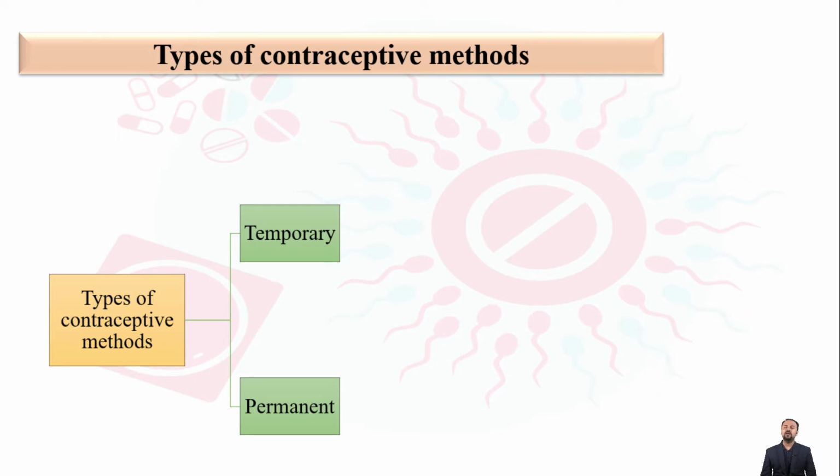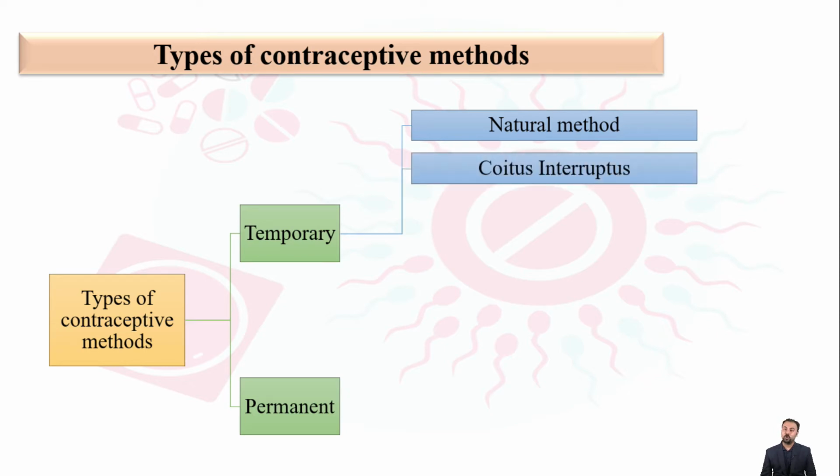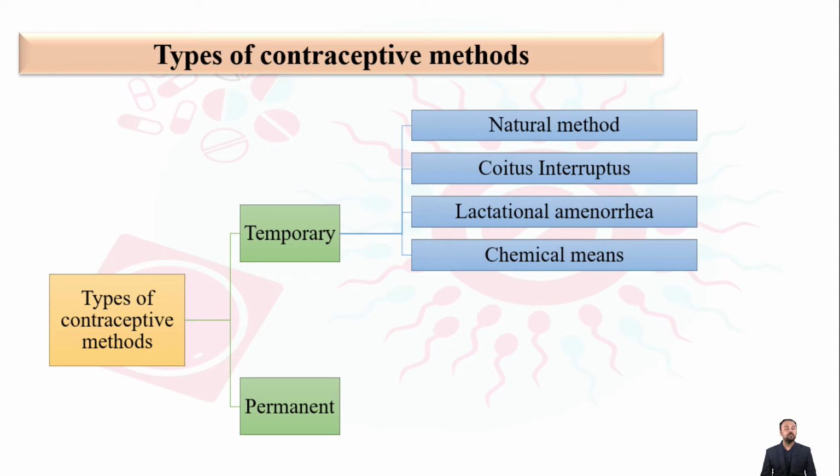Students, under temporary contraceptives, we will be studying various methods like the natural method, also called as the safe period or the rhythm method, followed by coitus interruptus. Then we will be studying about lactational amenorrhea, followed by chemical methods.